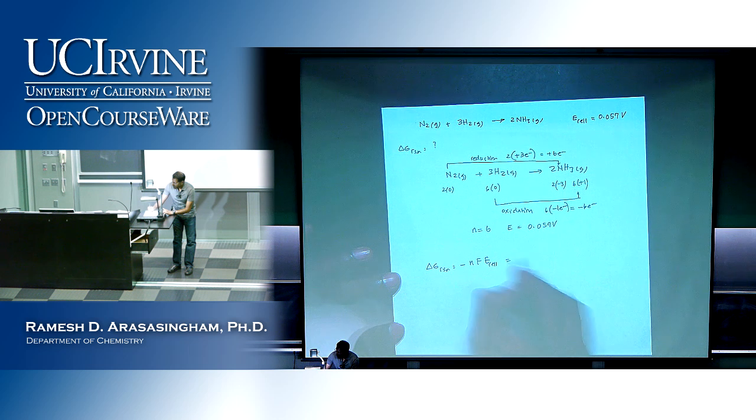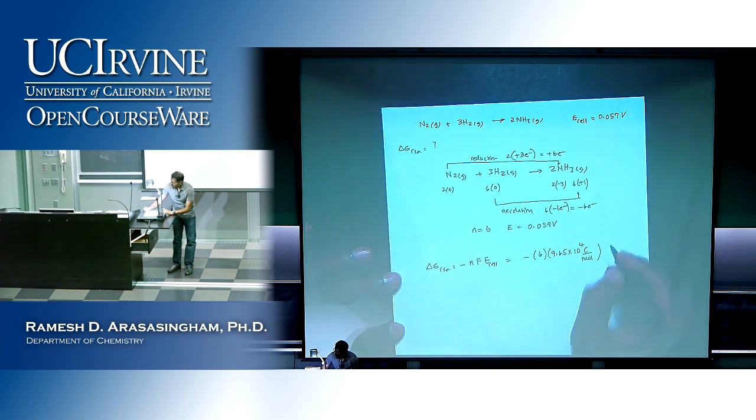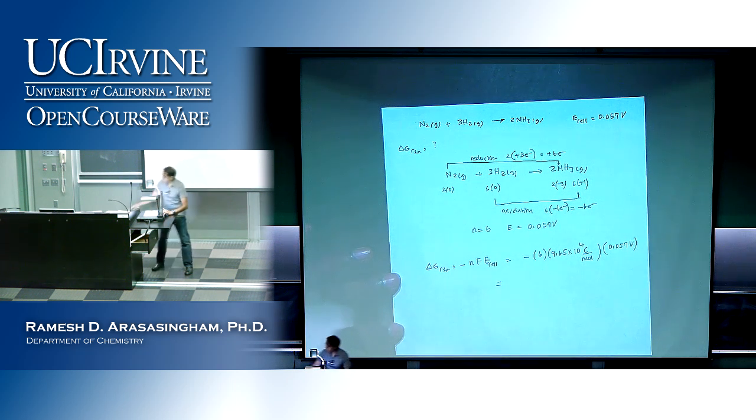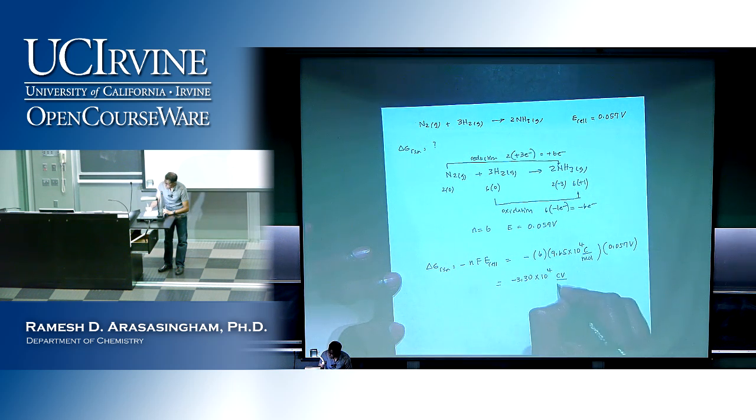That's negative times 6 times 9.65 times 10 to the 4 coulombs per mole times 0.057 volts. And that number comes out to be negative 3.30 times 10 to the power 4 coulomb volts per mole, which is also the same as 3.30 times 10 to the power 4 joules per mole.